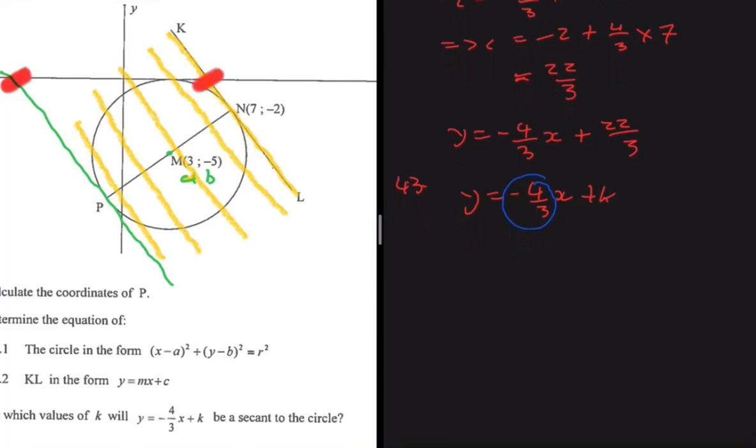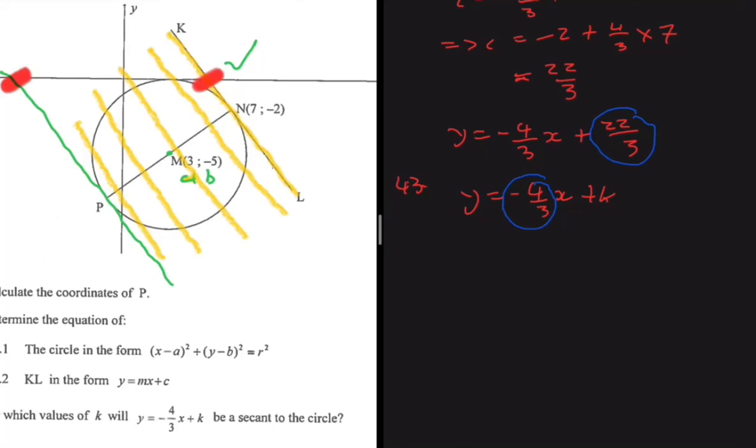So we need basically the upper limit and the lower limit, but we already have this value here, from the line KL, and that value is 22 divided by 3. So we already know what k should not be greater than. Now we only need what k shouldn't be less than, right?